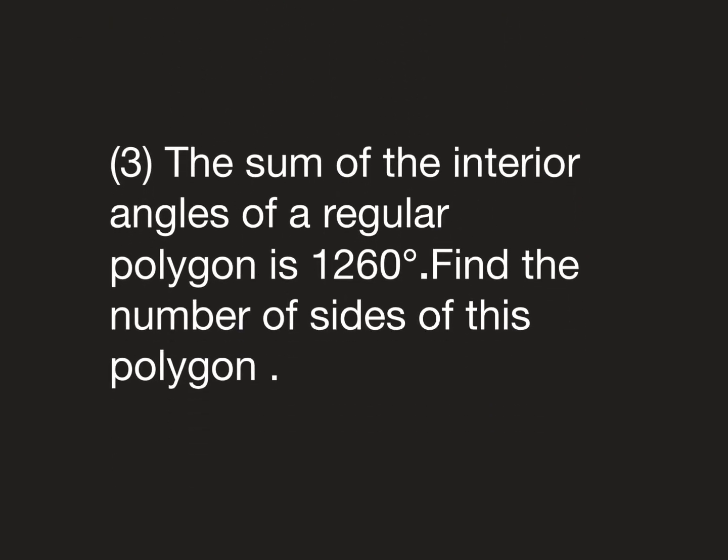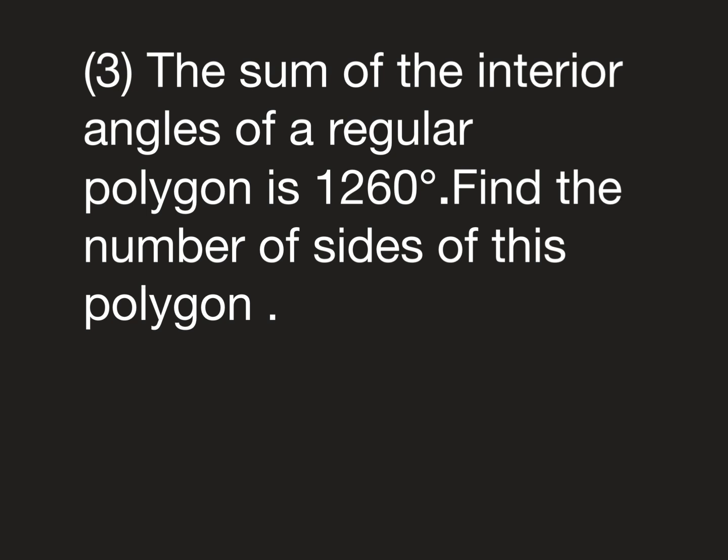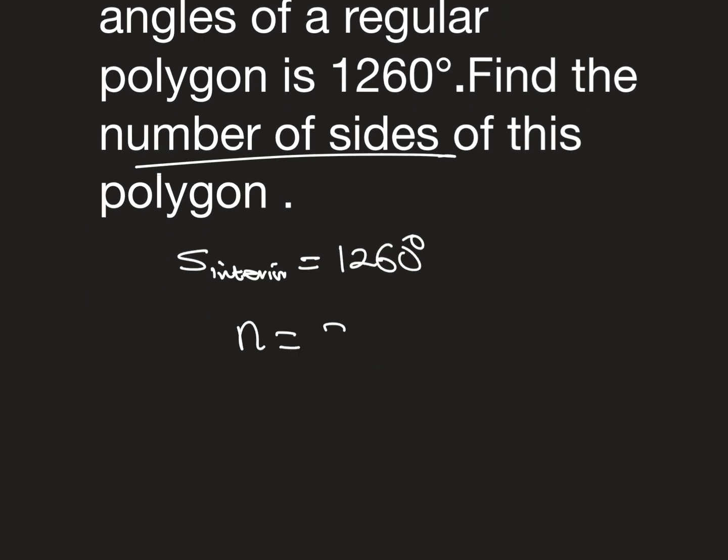Moving on to the third question, it says the sum of the interior angles of a regular polygon is 1260. So the sum of the interior angles is equal to 1260 degrees. Find the number of sides. So it is asking us to find the number of sides.